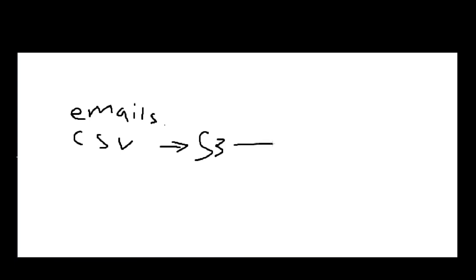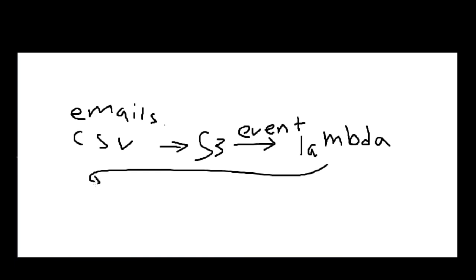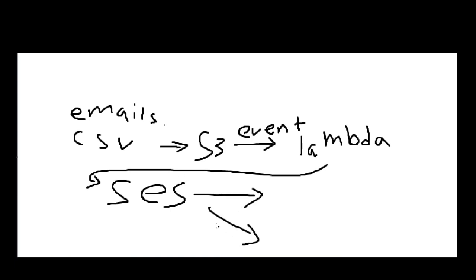And then when the event is created, it goes to Lambda, which is serverless. It's like a server, but it's not. You don't have to manage it. And then it calls SES, which is the Simple Email Service. And then that sends out all of my emails to all of my different people.